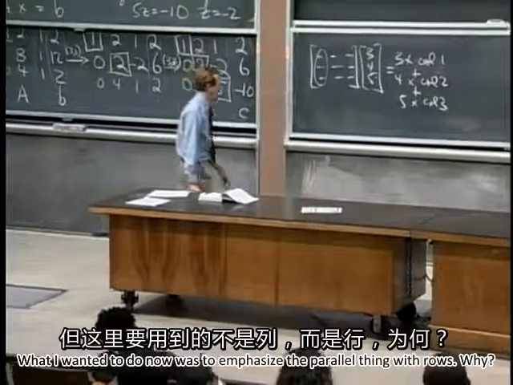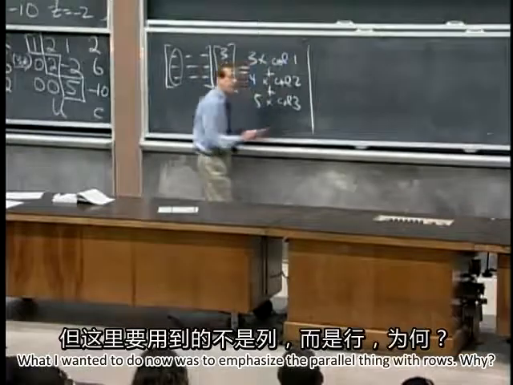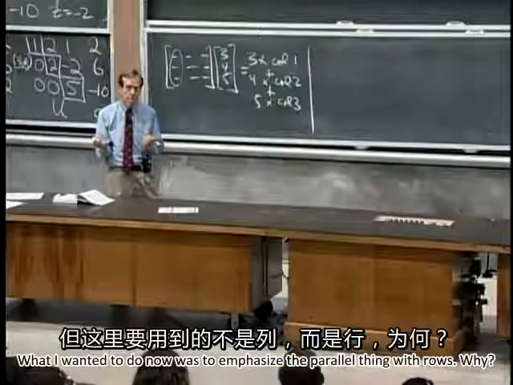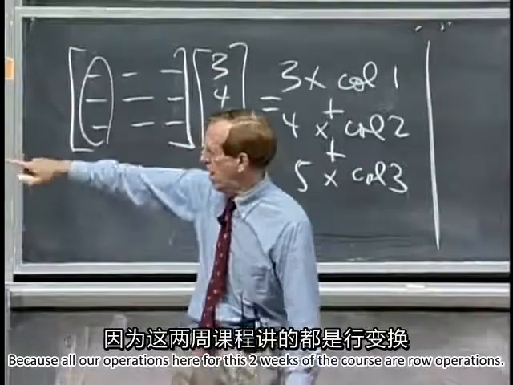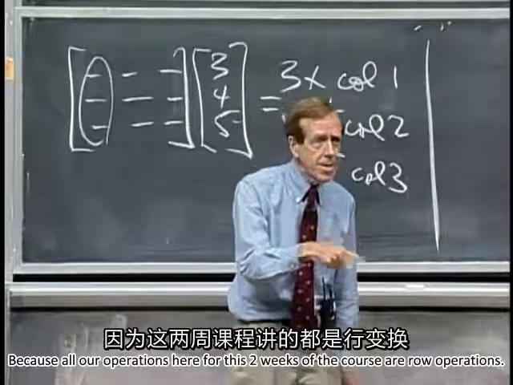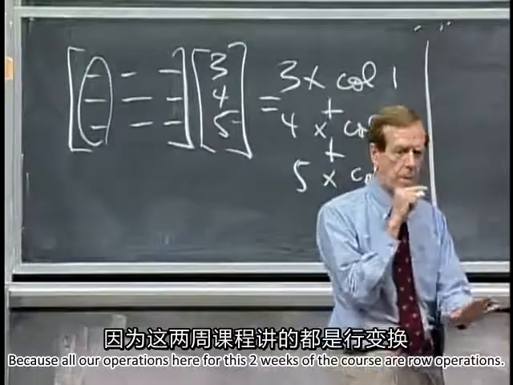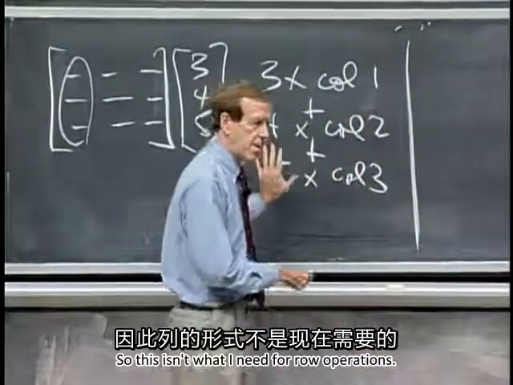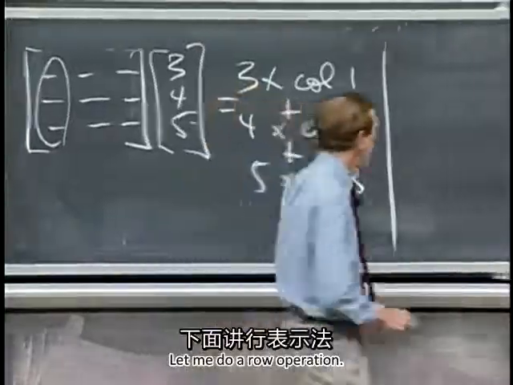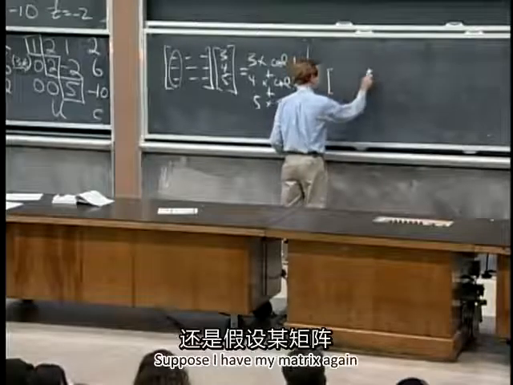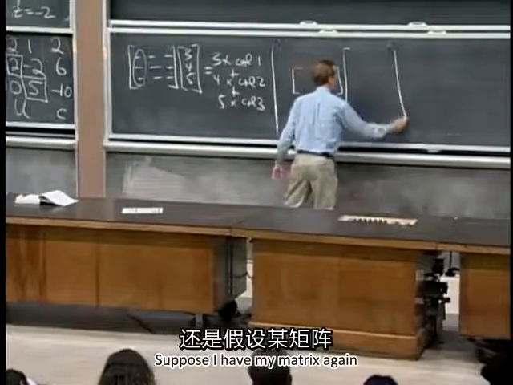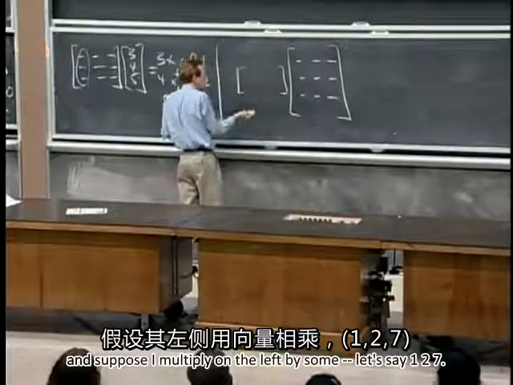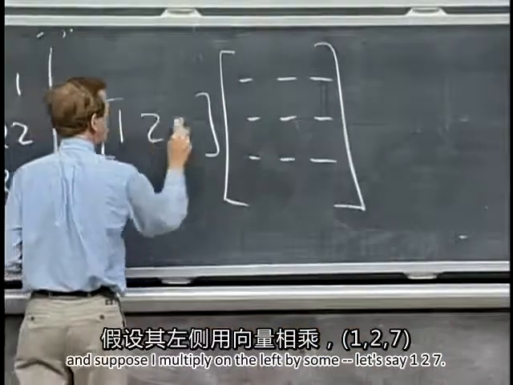What I wanted to do now was to emphasize the parallel thing with rows. Why? Because all our operations for these 2 weeks of the course are row operations. So this isn't what I need for row operations. Let me do a row operation. Suppose I have my matrix again, and suppose I multiply on the left by some, let's say, 1, 2, 7.